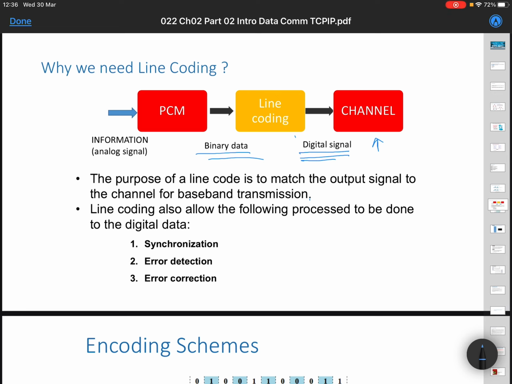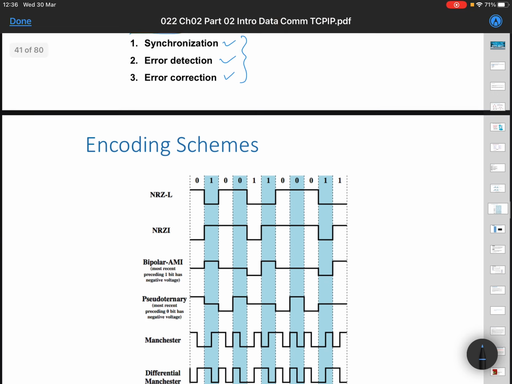Line coding also allows the following processes to be done to digital data: first is synchronization, second is error detection, and thirdly is error correction.